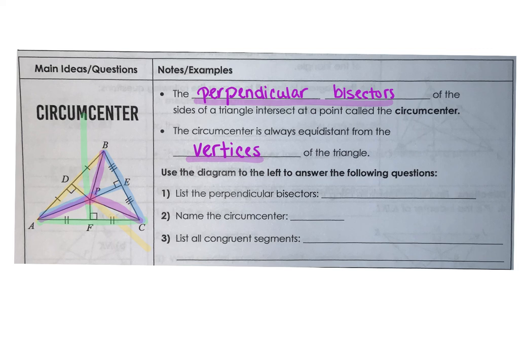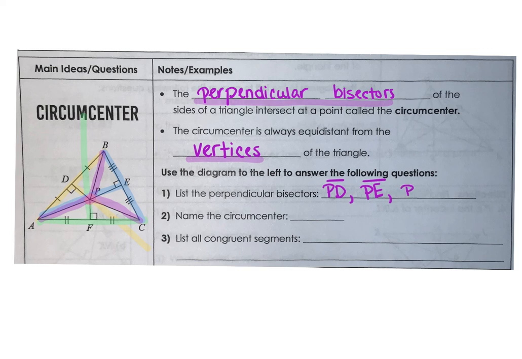So the perpendicular bisector of AB is the segment P to D. So that bisector is PD. The perpendicular bisector of BC is PE. And the perpendicular bisector of AC would be PF.